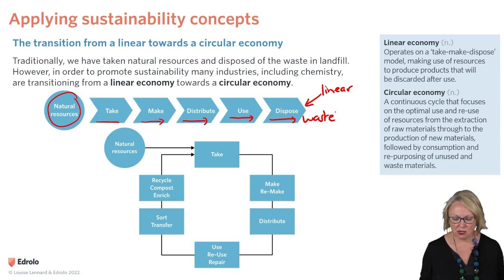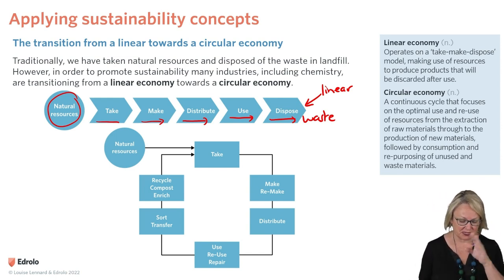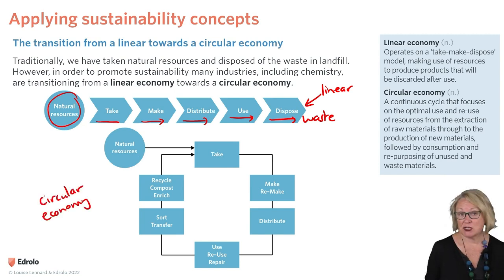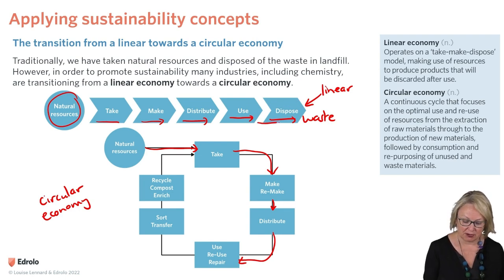As opposed to a circular economy, which, as the name suggests, go round in a circular way. Natural resources are taken and they're made into something, which is then distributed, then used. But instead of going straight to disposal, like in the linear economy, it's sorted, transferred, recycled, and then reused.